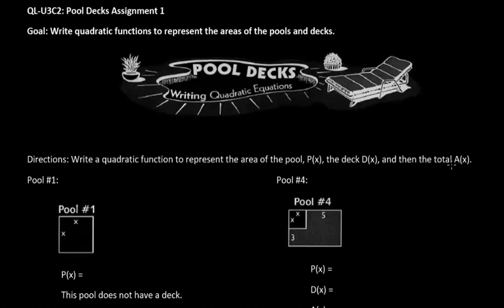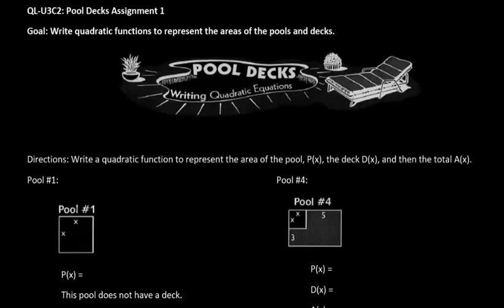I guess that could be what the A is standing for. And again, we're going to be representing these as quadratic functions based on the variable x, where x might be, in some of these examples, a dimension of the pool, or in some examples, a dimension of some part of the deck.